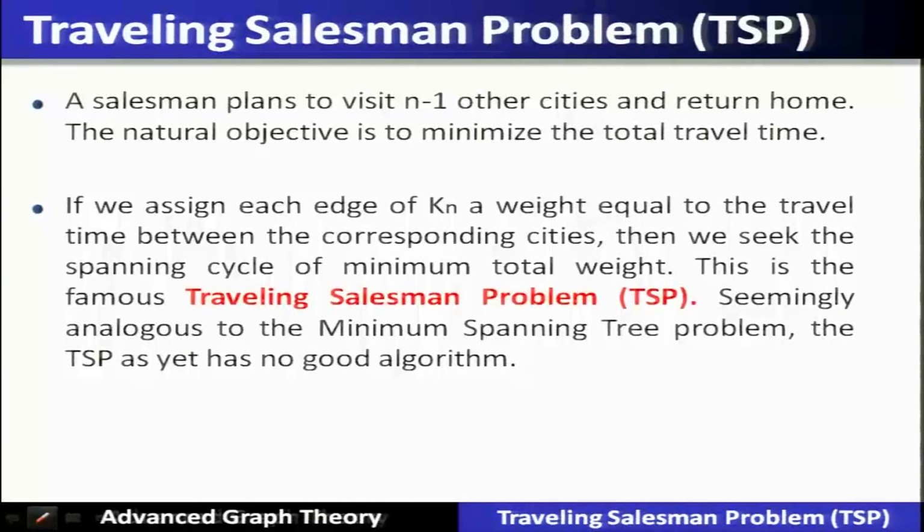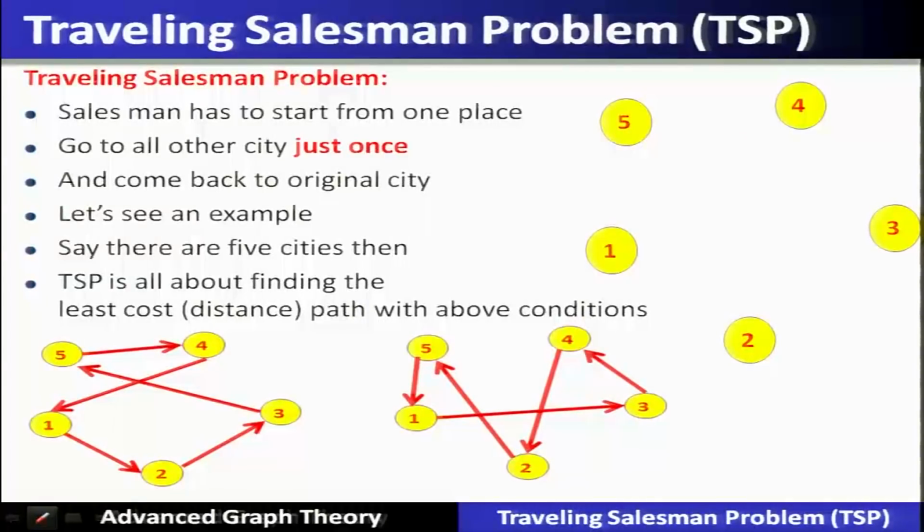This is the famous traveling salesman problem, seemingly analogous to the minimum spanning tree problem, but the traveling salesman problem as yet has no good algorithm. Let us understand the traveling salesman problem through a simple example. Here we will consider 5 different nodes.